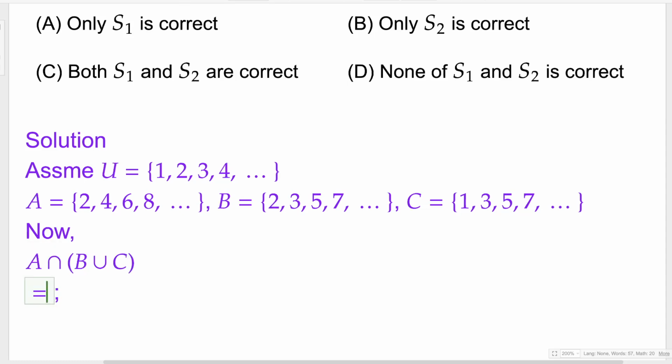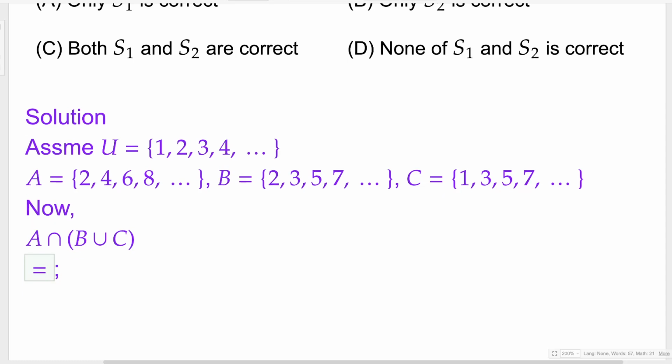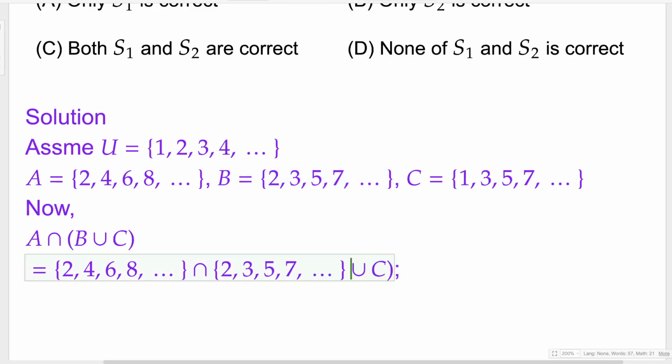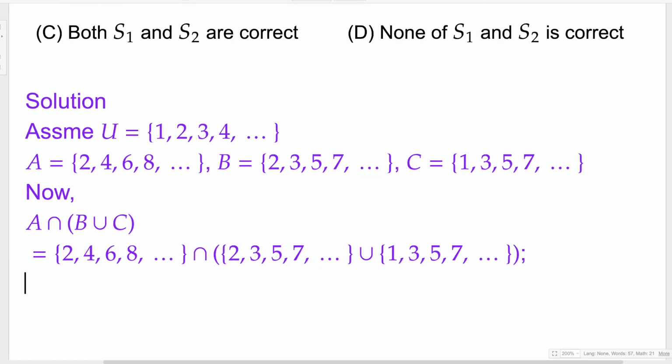First of all, let us perform B union C. So I will write my set A as it is, and then intersection, and here I'll perform B union C. So instead of B union C, I'll write the set B over here, and the set of odd numbers over here, and I'll give a parenthesis. Now let us perform this union operation first of all.